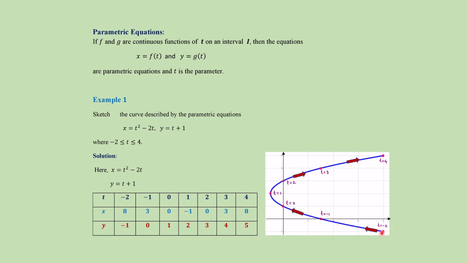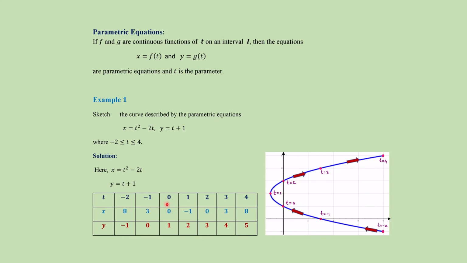Now as time grows, its direction will be this way. Here there is a direction for a parametric equation, because as time increases, the path will follow this way. Now when t equals -1, then x is 3, y is 0. So at this point t is -1, x is 3 and y is 0.